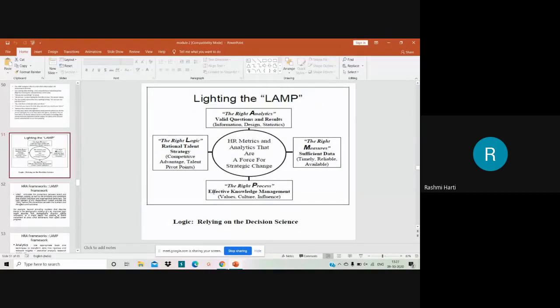What is logic? Ayushi, what is logic? Can anyone explain what is logic? Students, write, what is logic? Quick, we are running out of time. Padmaja, please unmute yourself.